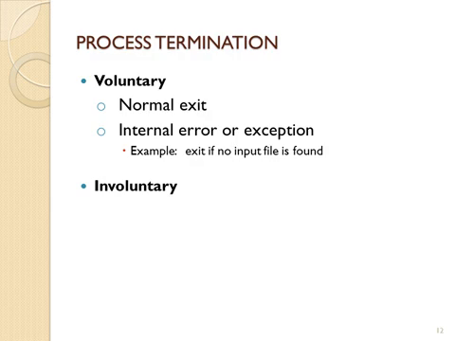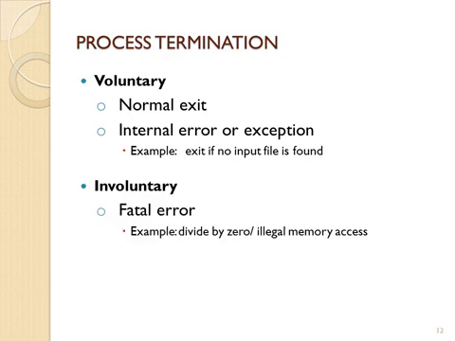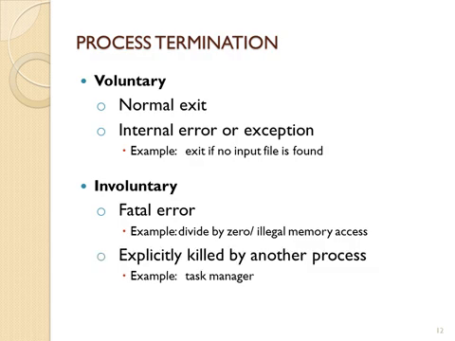Even though it's sort of an error, it's still voluntary, it voluntarily exits the system. A process can be involuntarily killed by trying to do something illegal like divide by zero or access memory, or it may be involuntarily killed by another process.